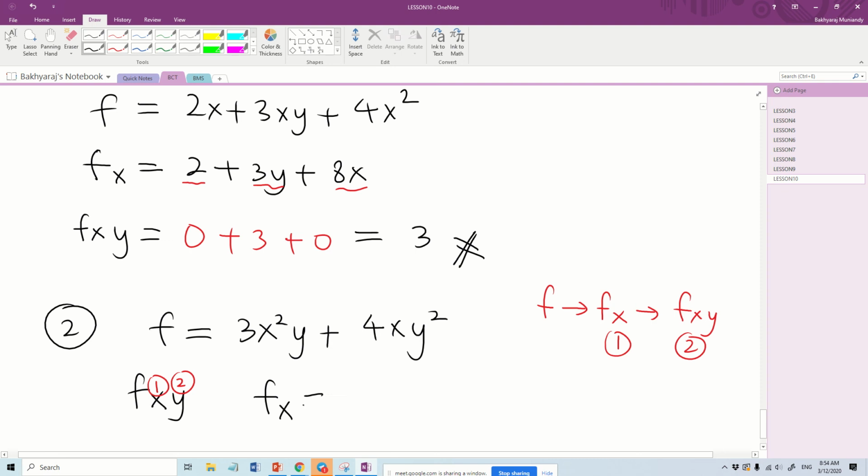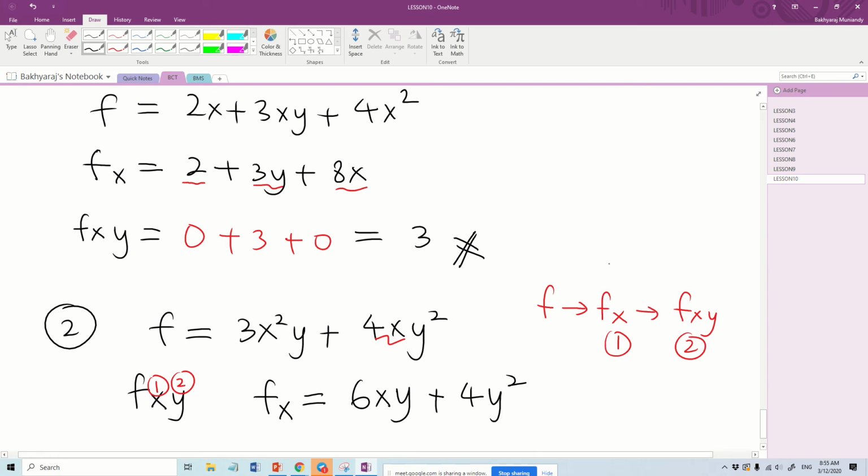Differentiate 3x squared becomes 6x, and y, plus differentiate 4x becomes just 4, so you get 4y squared. So you get fx equals 6xy plus 4y squared.